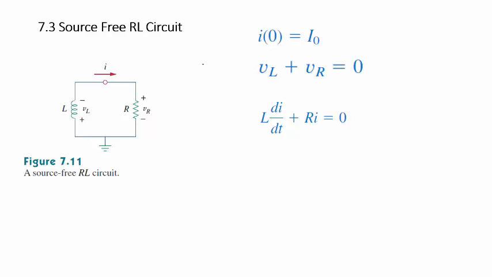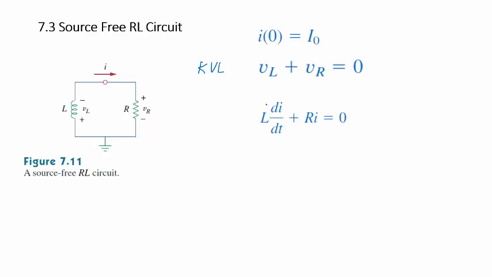So we do KVL for this circuit. Voltage around the inductor plus voltage around the resistor must equal 0. We do KVL this time instead of Kirchhoff's current law like we did for the resistor, because we get a nice differential equation.